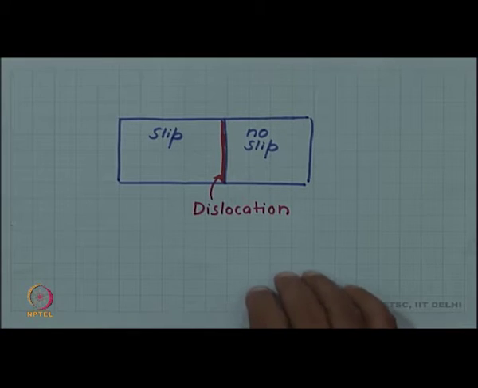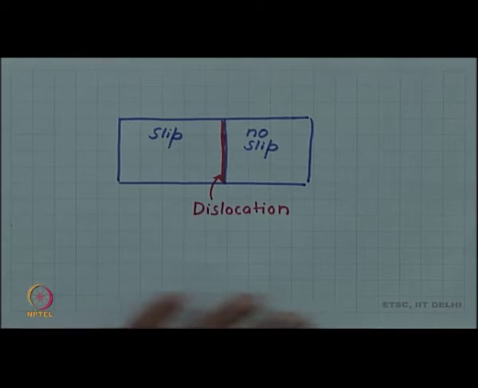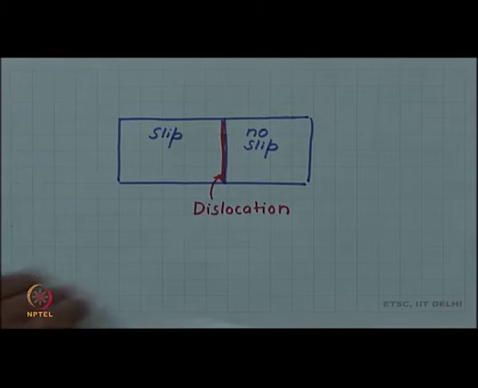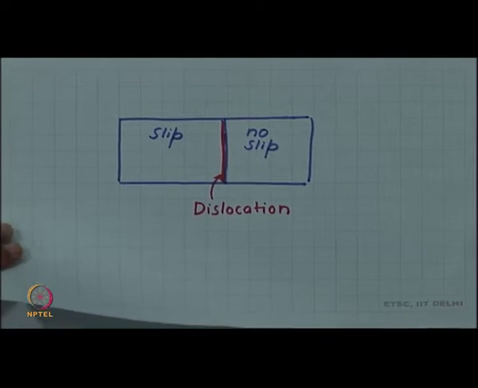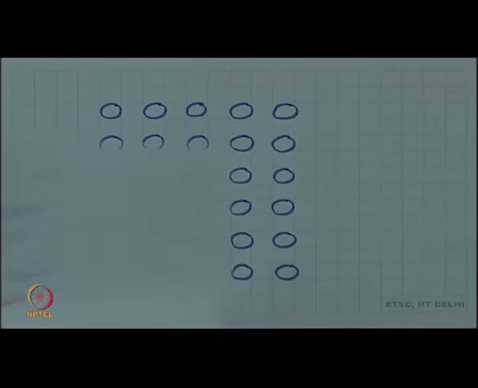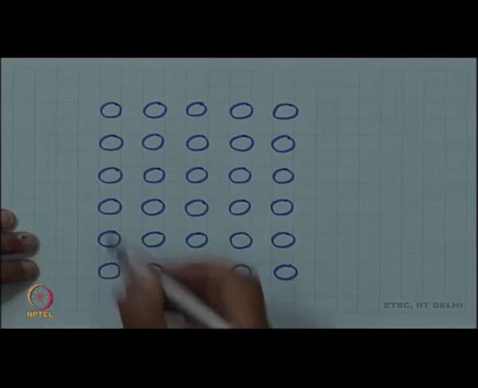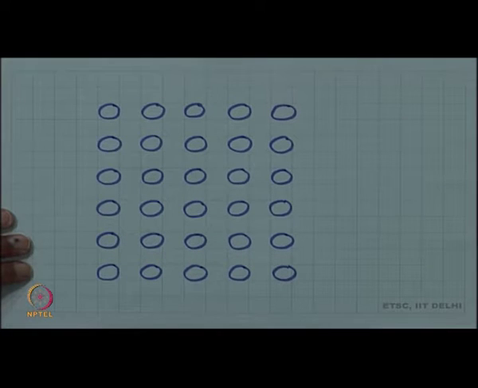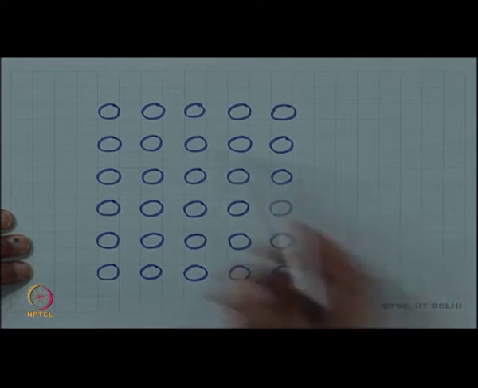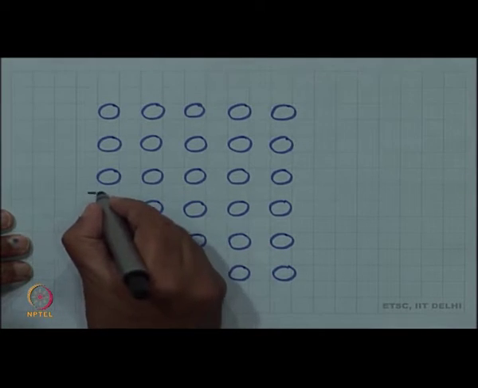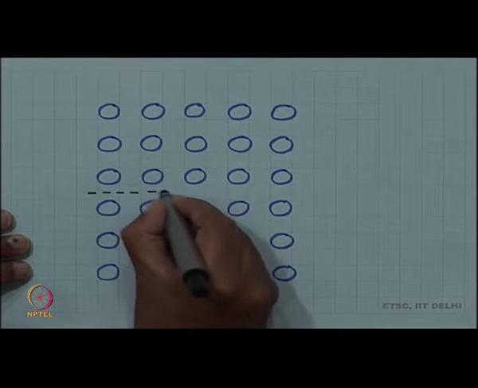But why should dislocation lead to an easy deformation of the material? So, let us look at that in this picture. So, suppose this is a crystal, and suppose we cut this crystal on some slip plane.